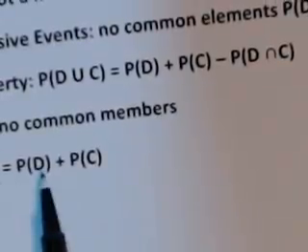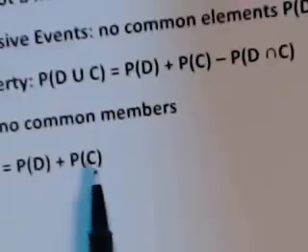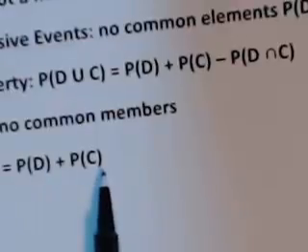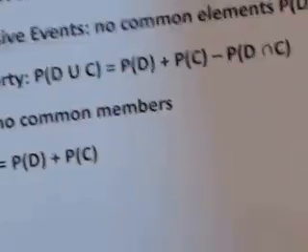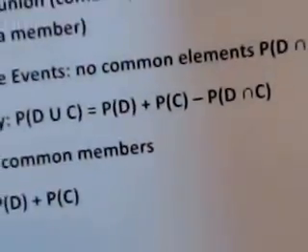So the probability of drawing a dime added to the probability of drawing a penny can be just added together. So you would not have any common elements in that set.